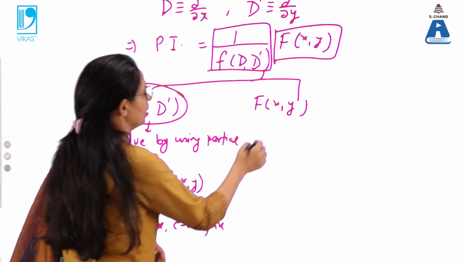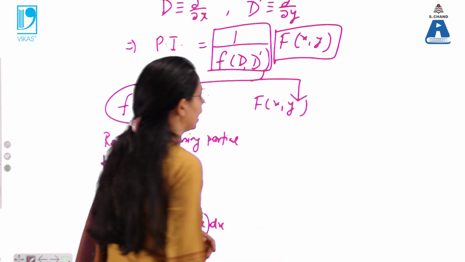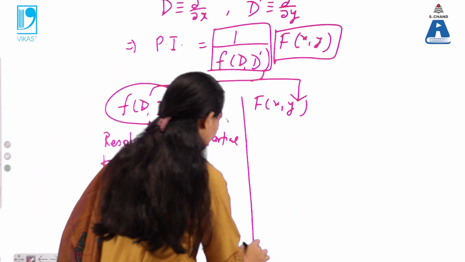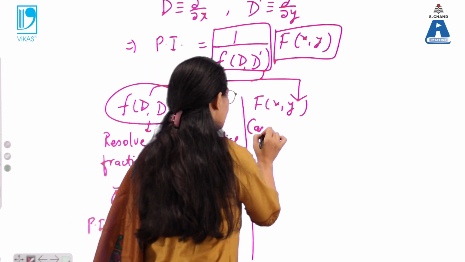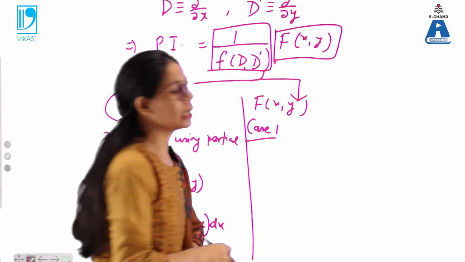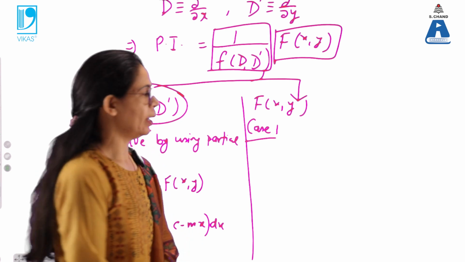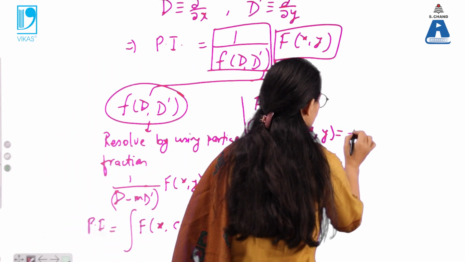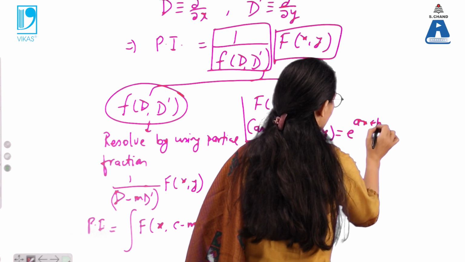Now the second type is when this f(x, y) can take some particular forms. So there are cases divided for that. Case number 1 is when it is of exponential type. Let us say f(x, y) is taking this form, e raised to the power ax plus by.